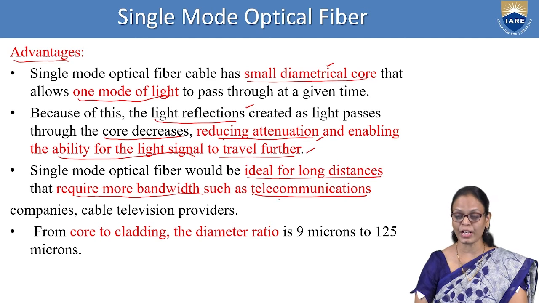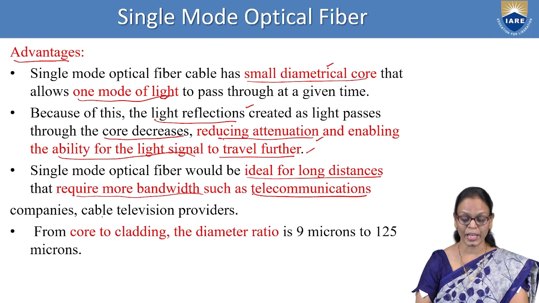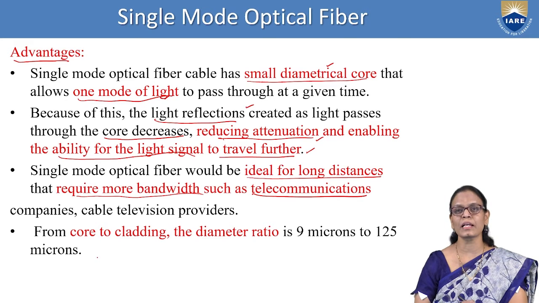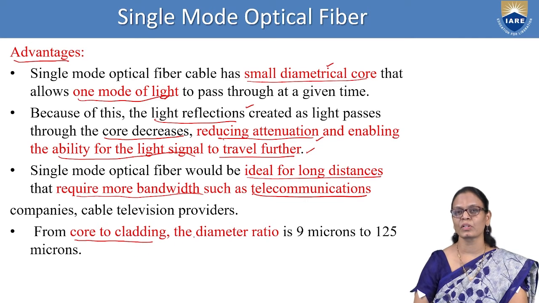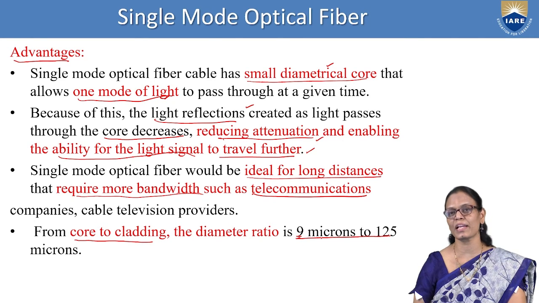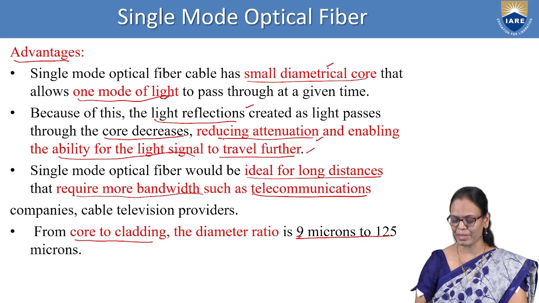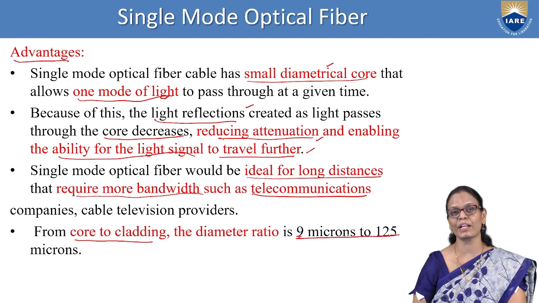So in telecommunications, we require more bandwidth. Cable television providers also use this single mode fiber because it has got a large bandwidth. Now from core to cladding, the diameter ratio is 9 microns to 125. If the diameter of the core is 9 micron, the diameter of the cladding is around 125 micron.